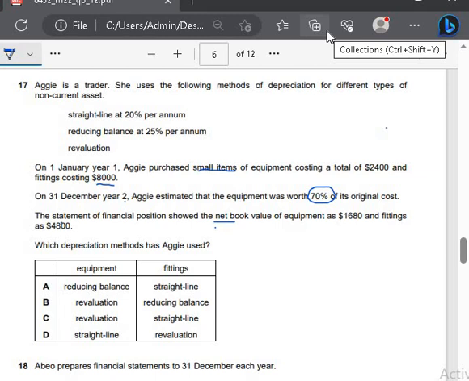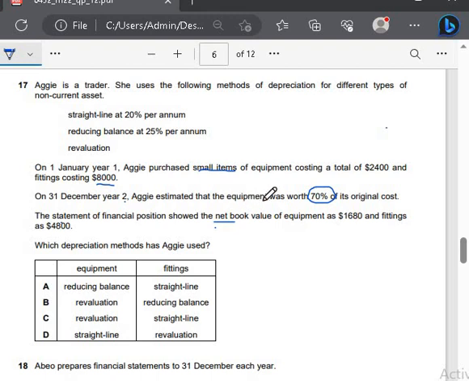So let's look at it. If we use the revaluation method, we are going to take 2,400 times 70 over 100. So if we take 70% of 2,400, we'll get 1,680.